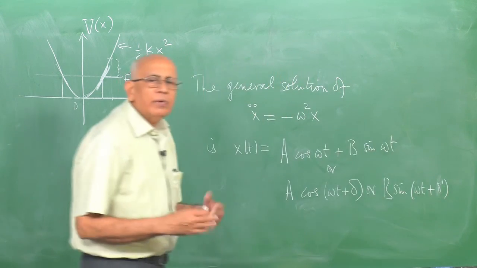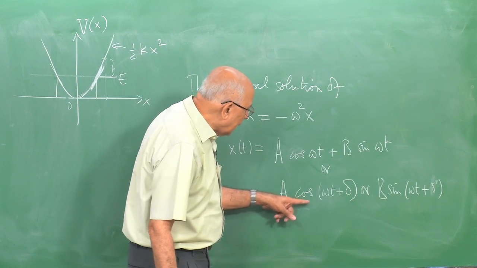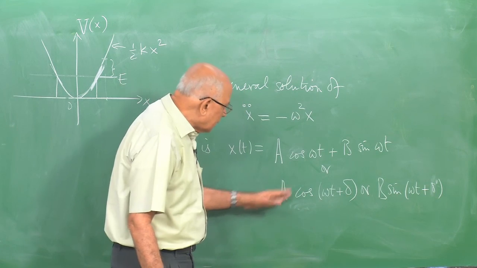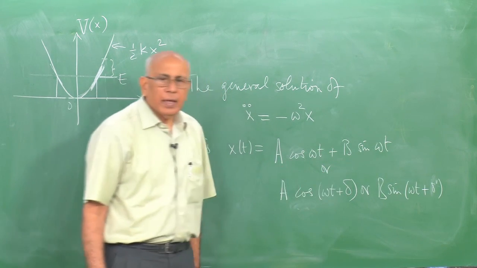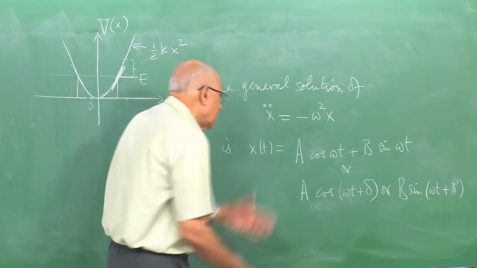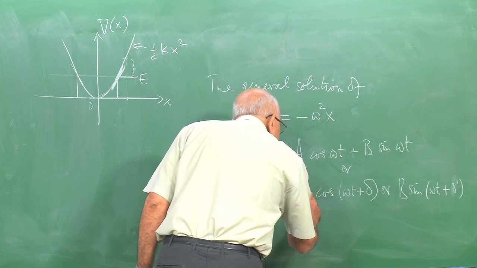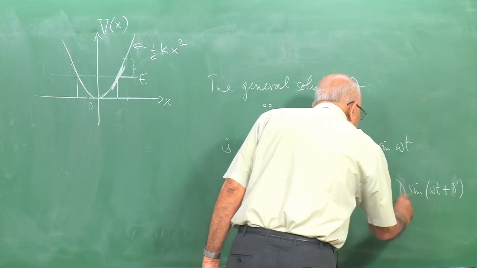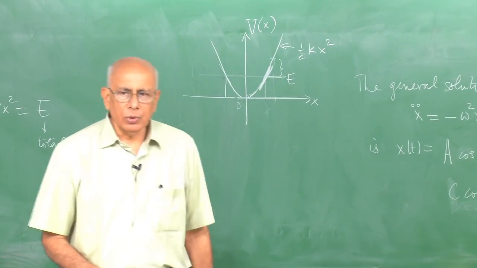These are all equivalent ways of writing the same solution, because you could also write this as a cos omega t cos delta, and then sine omega t sine delta. So you can identify a sine delta and a cos delta with these constants. Well, let us not even use the same symbol here, something else, say c or d. They are all equivalent ways of writing exactly the same solution.